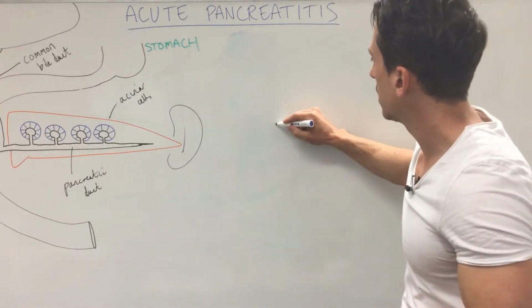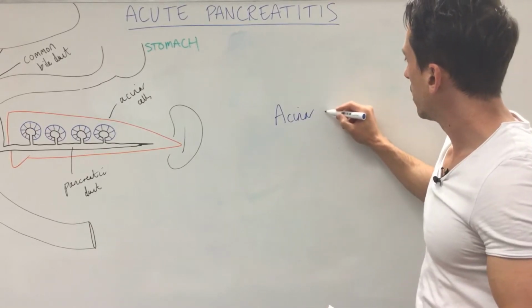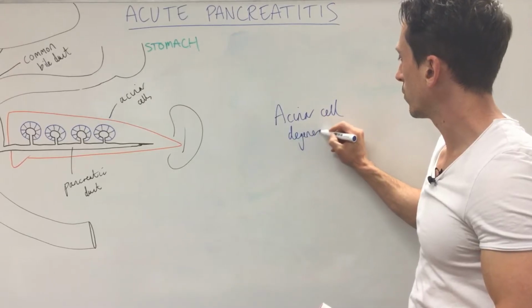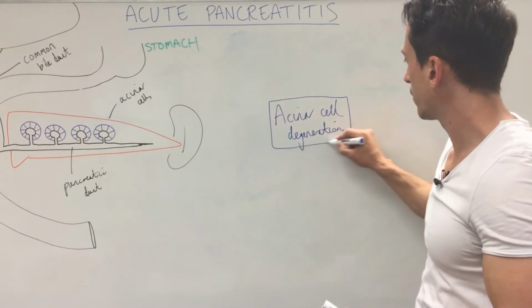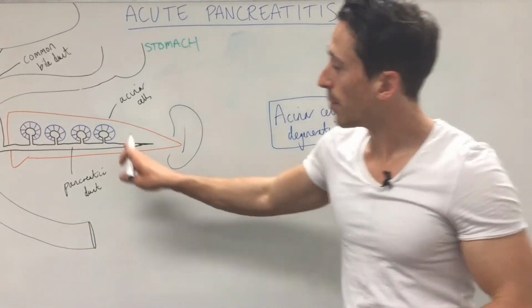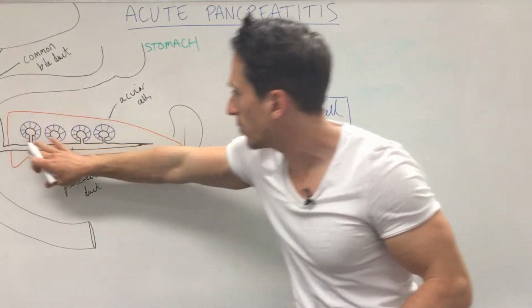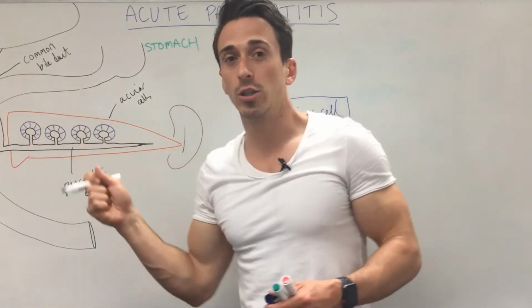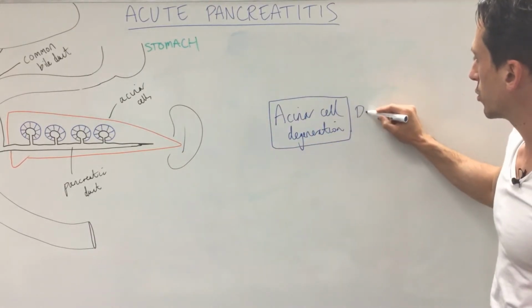One is acinar cell degeneration. And the other thing, so remember, if the acinar cells are degenerating, they're going to be just releasing their enzymes within the tissue itself, and these enzymes can be activated and break the tissue down. Or it can be due to ductal obstructions.